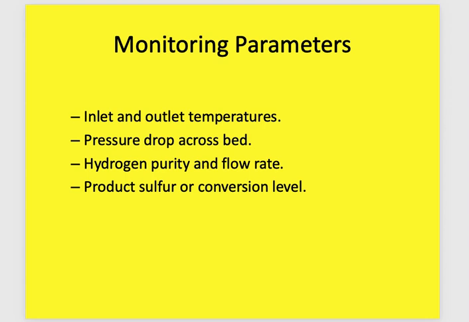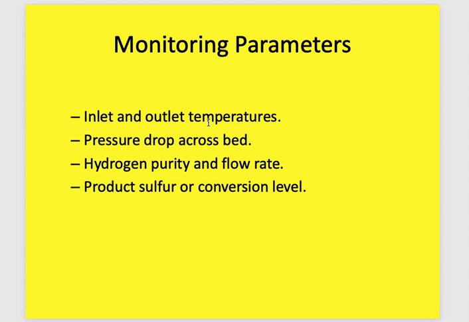What are the parameters for controlling the fixed bed reactor? First, inlet and outlet temperature, and there is a delta T. If you are working with separated beds, there is a delta T in and out, and you have to calculate the delta T to survey the activity of the catalyst and the conversion also.